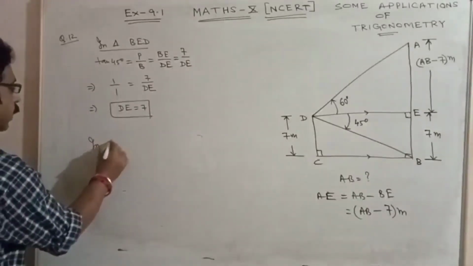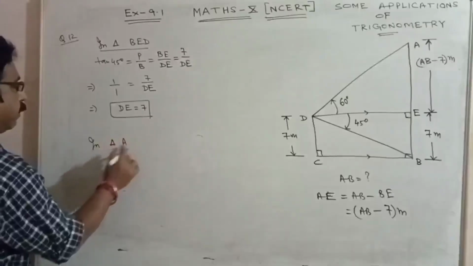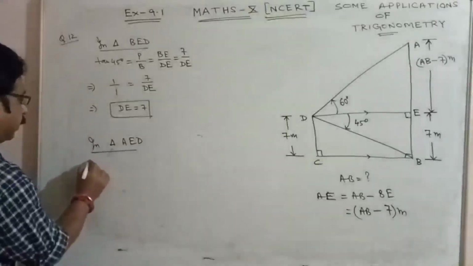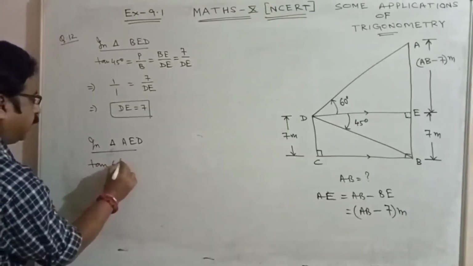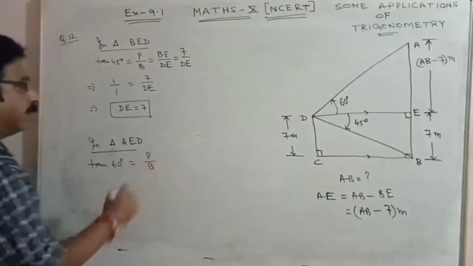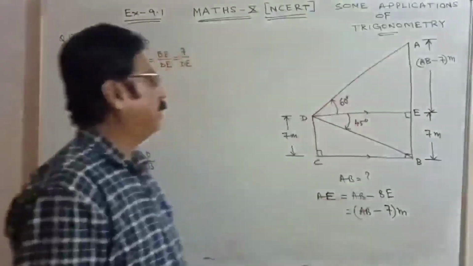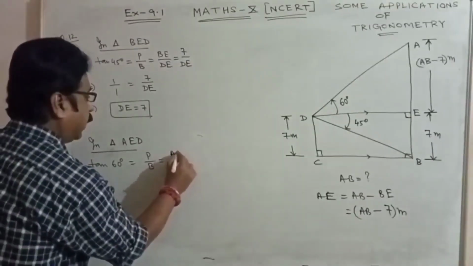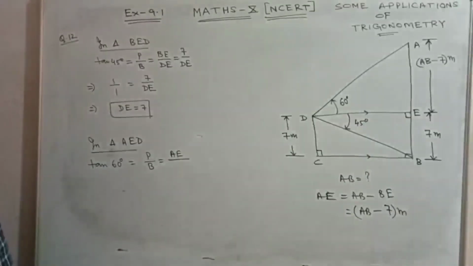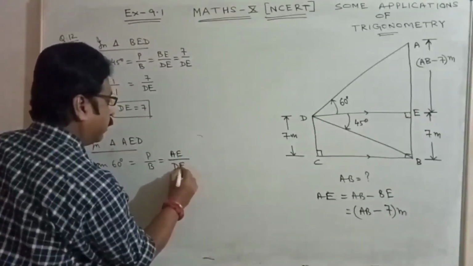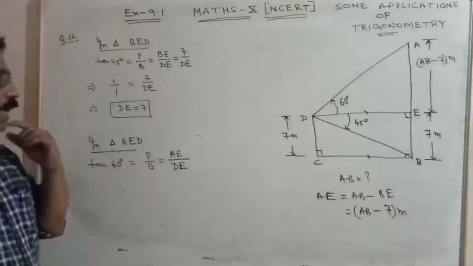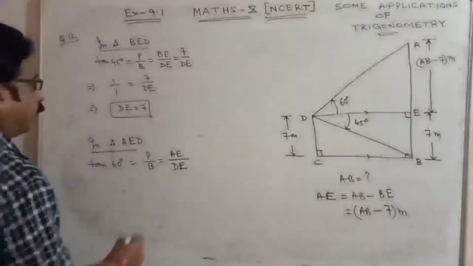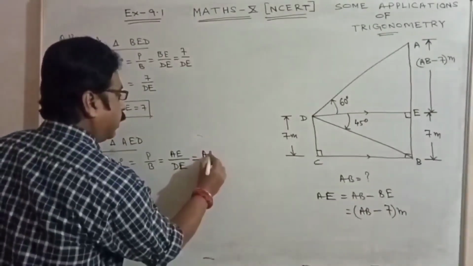In triangle AED, tan 60 degree equals perpendicular upon base. Perpendicular is AE, base is DE. So AE upon DE. In place of AE, we can write AB minus 7.